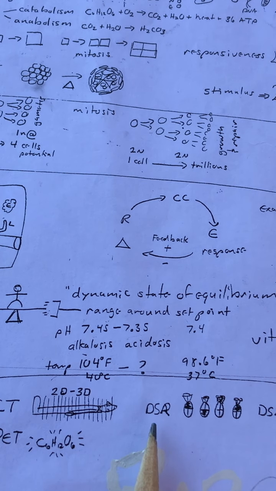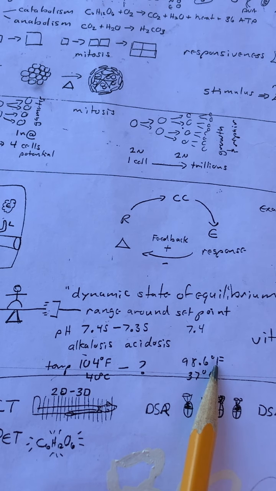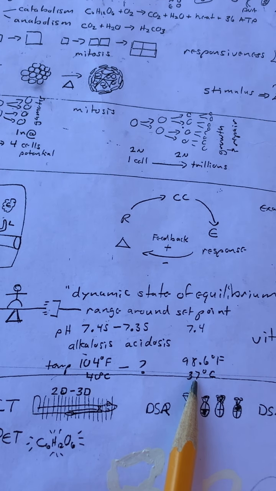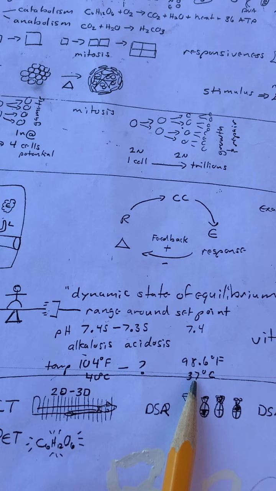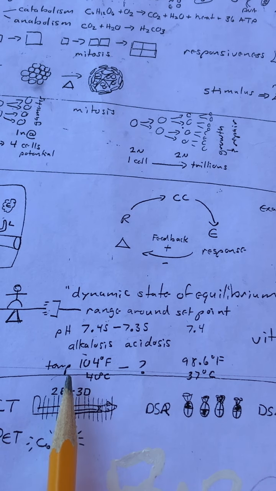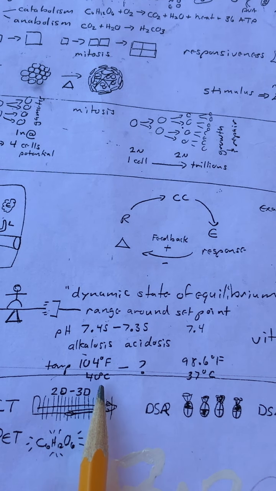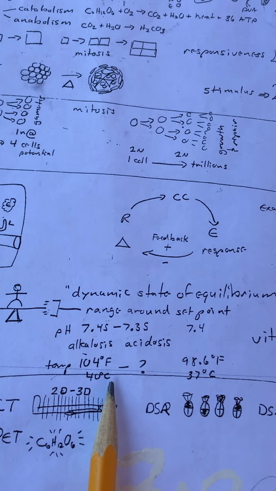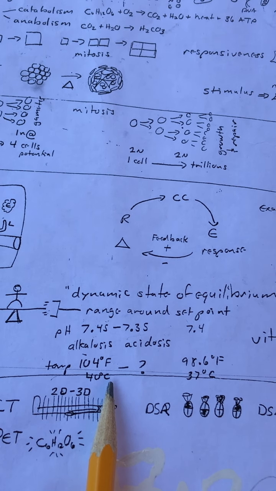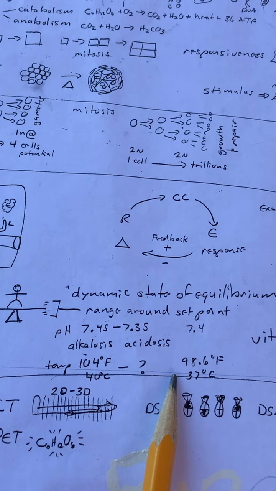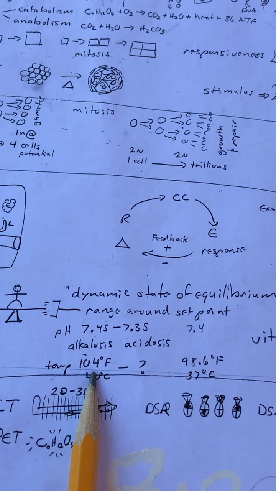Well, okay, let's look at something else here. Body temperature. Body temperature, so-called average, is 98.6 degrees Fahrenheit or 37 degrees Celsius. However, there is an upper part of this range where things begin to go wrong. So, for example, if your temperature goes up to 104 degrees Fahrenheit or 40 degrees Celsius or above, you start having enough violent shaking in the molecules that things become damaged, denatured. And so now you're out of the comfort zone, you're into that disease situation.